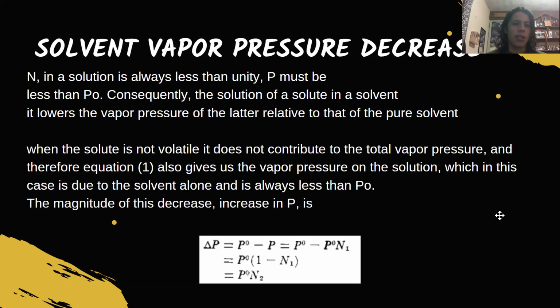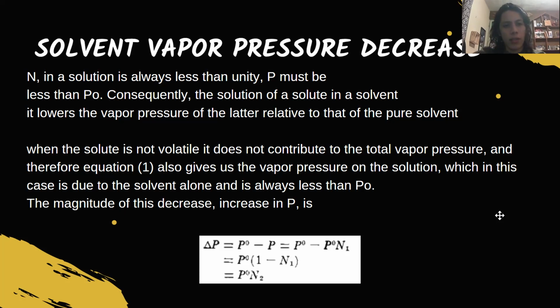M in a solution is always less than unity, so P must be less than P0, and consequently, the solution of a solid in a solvent lowers the vapor pressure relative to the pure solvent.